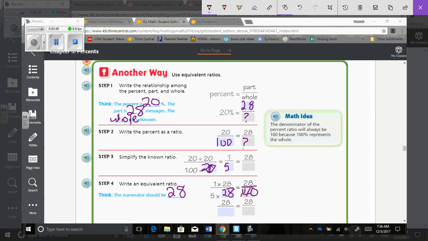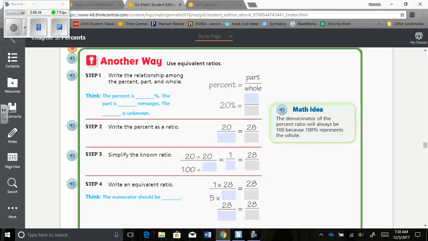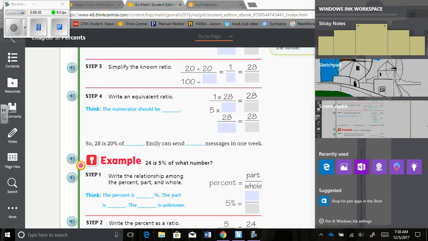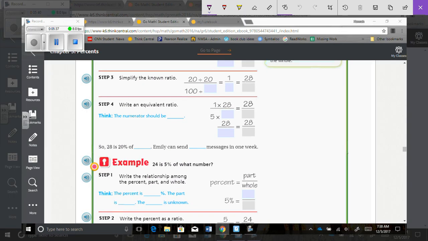So 28 over 140 equals our unknown. So 28 is 20% of 140. Emily can send 140 messages in 1 week.